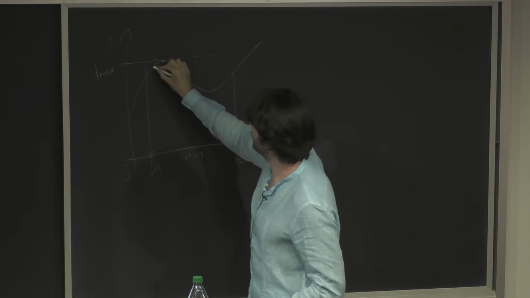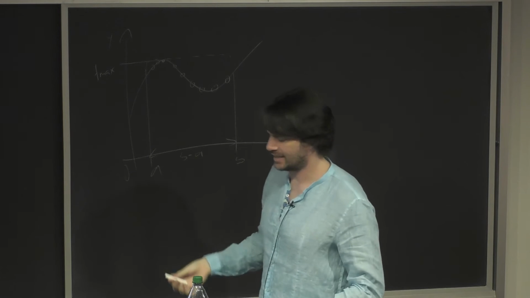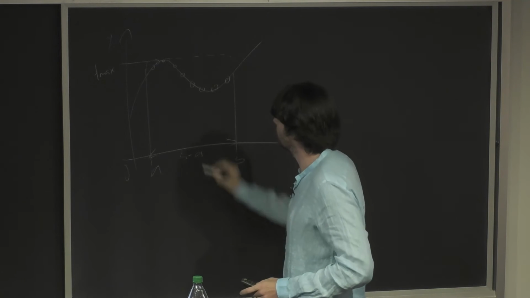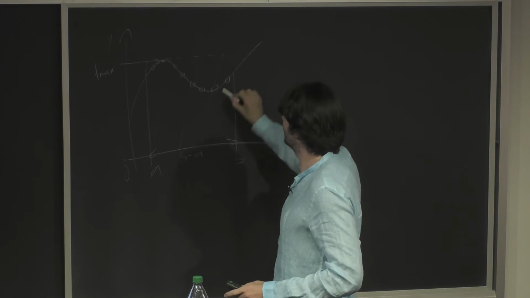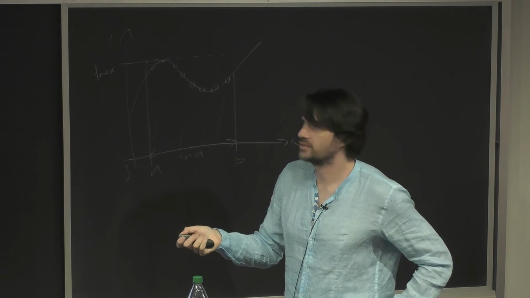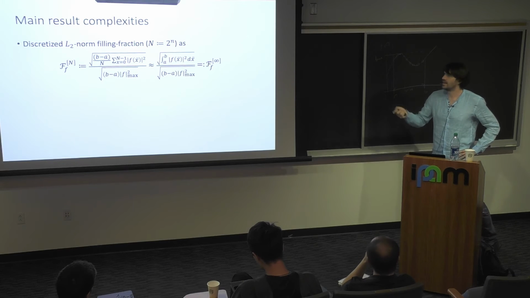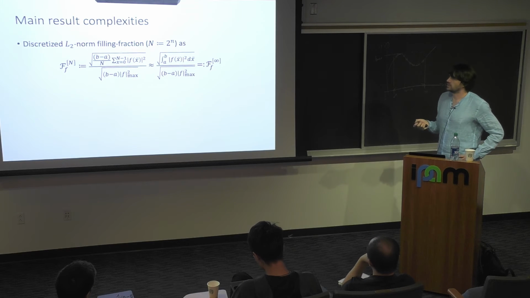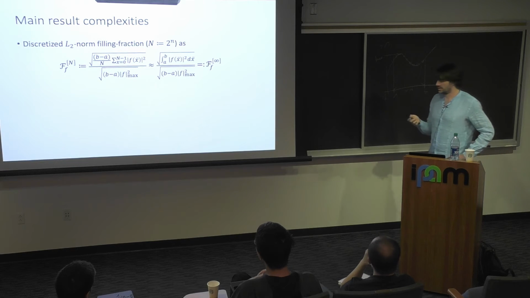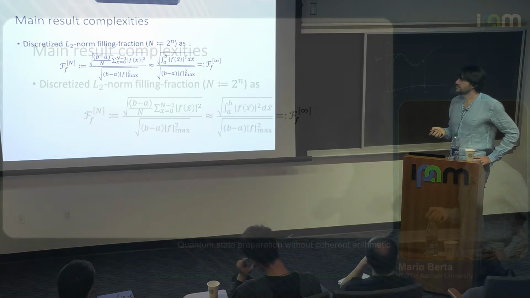And then you would have a grid here though, right? So you want to look at, in this L2 norm, how much of this overall area is filled by the function. So this is the L2 area of the function, this is the overall area. And if n is large, remember that n scales like 2 to the small n. Because we'll have to compute this quantity, you might want to approximate it with this continuous version thereof. And then you also have to say how well this approximation works.